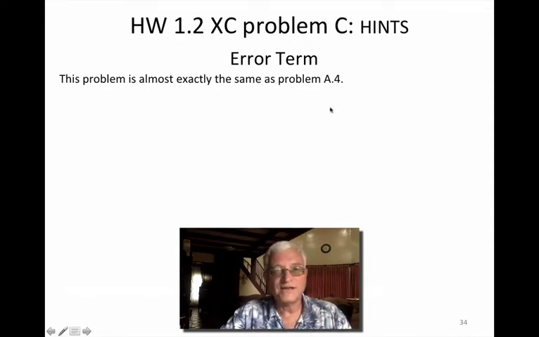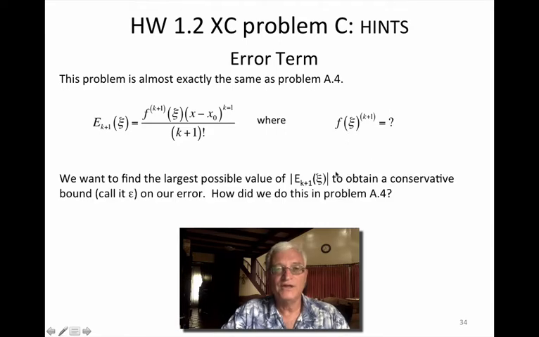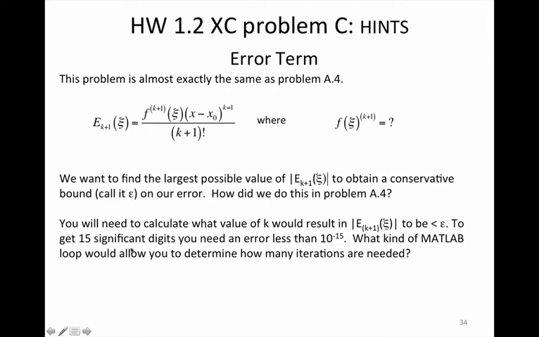This is almost exactly the same problem as the fourth step on problem A. Again, you're worried about how to create this error term and what are the derivatives and what value of zeta should I use. And then you want to find out how many terms, meaning n, how big n should be, so that this in magnitude is less than epsilon, where epsilon is a predefined number.